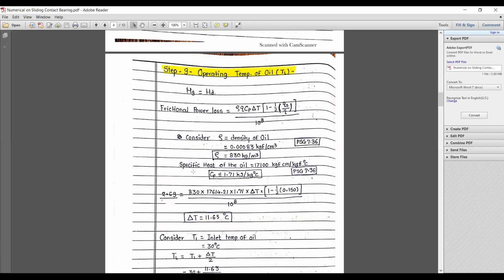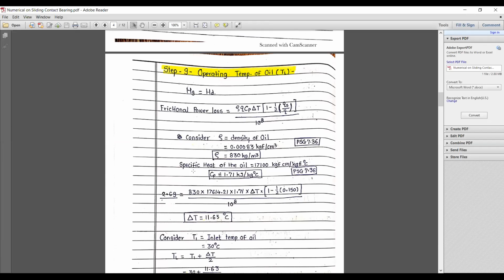Next step, we need to calculate the operating temperature of the oil. To calculate the variation in temperature, we have to compare the heat generated and the heat dissipated.